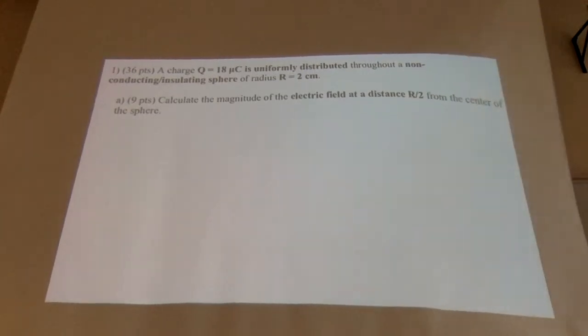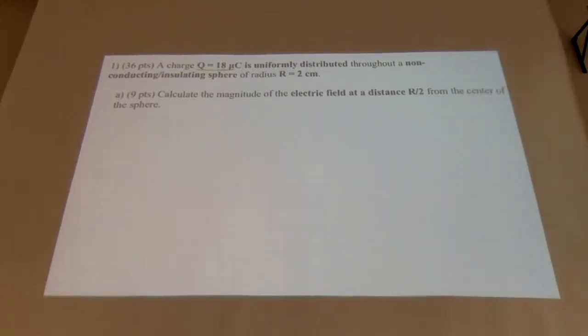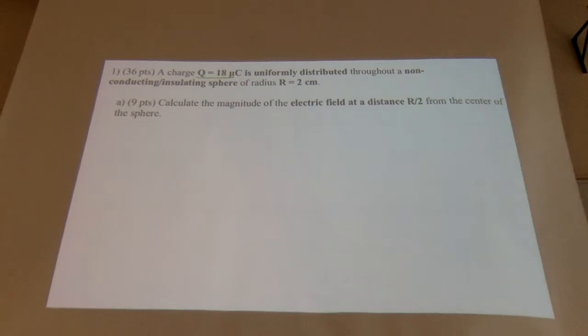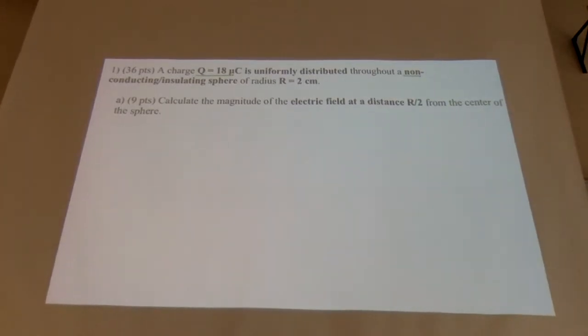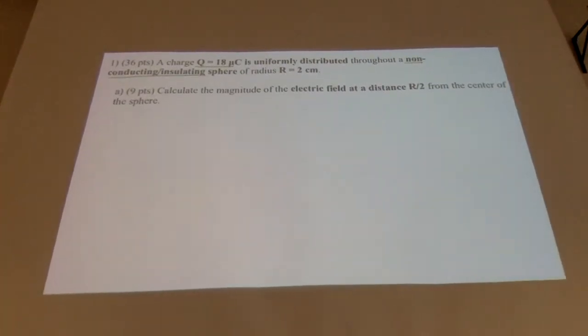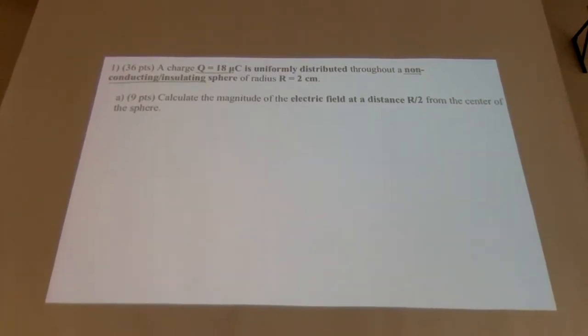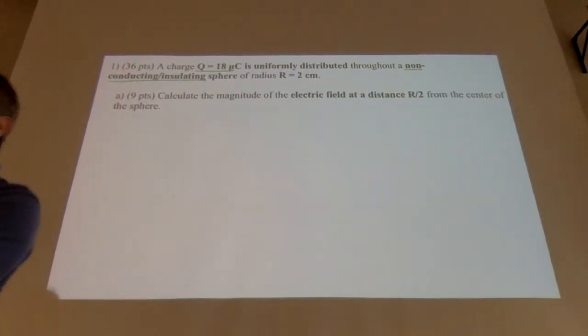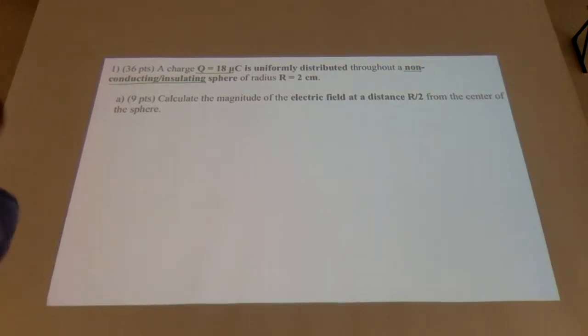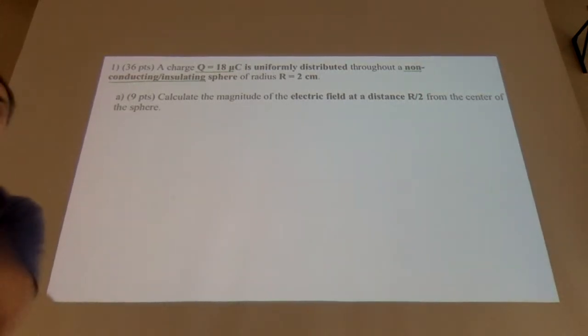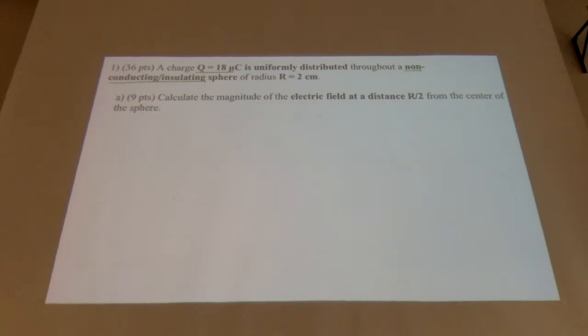First of all, notice we are given a total amount of charge, and we are told that that charge is everywhere throughout a sphere that's insulating. Remember, when something's insulating, I can take charge and distribute it, and it stays there because the electrons aren't free to move around and move the charge around. So we have something that maybe looks like this.